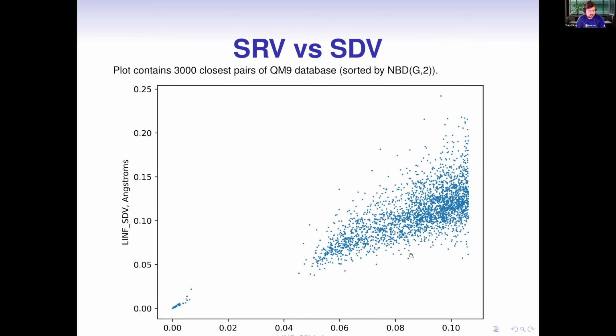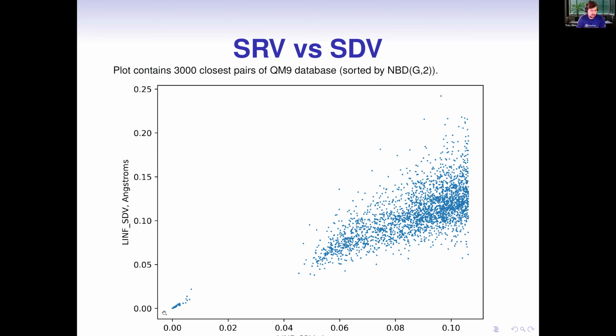So for the 3,000 closest pairs of the QM9 database sorted by this hardest invariant, we compare those. And if you look at the scale, then L infinity SDV and SRV will be the same if they are at this line, and they're pretty close.